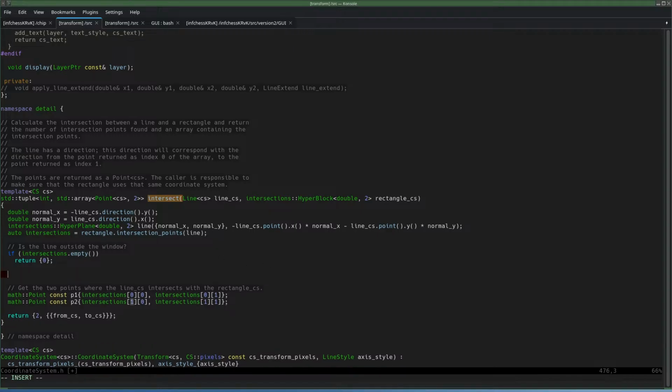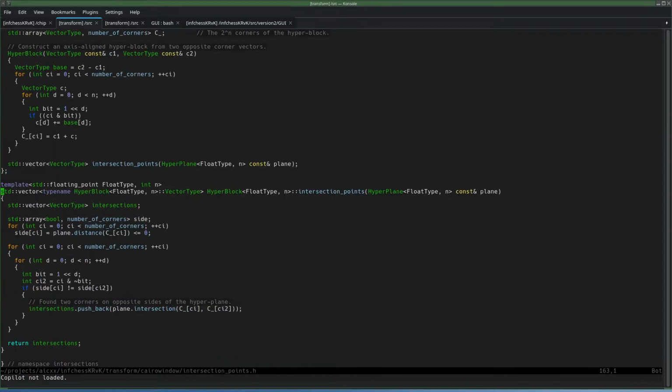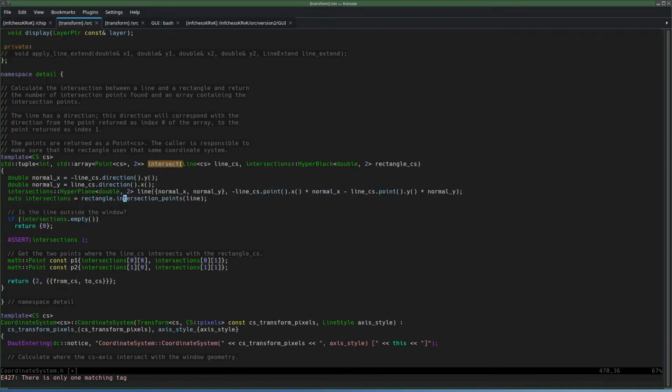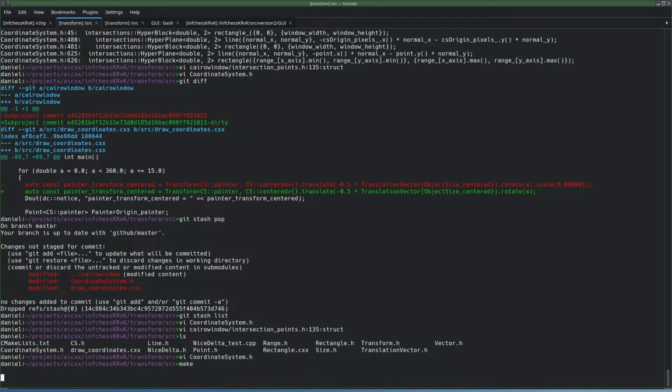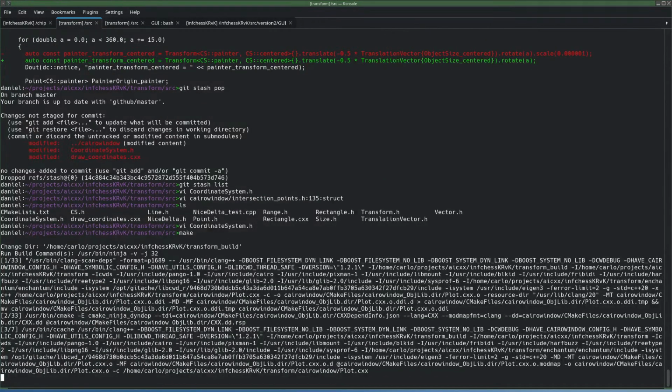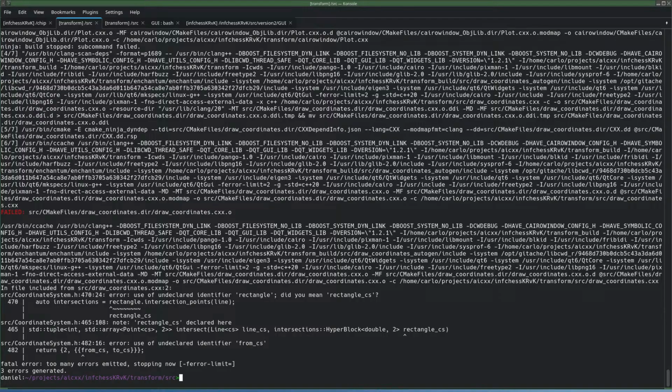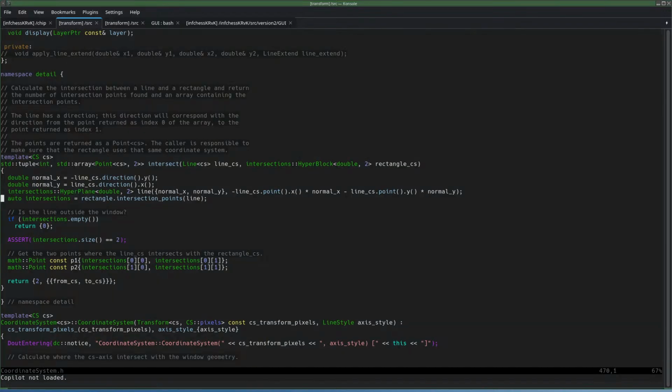But it definitely should assert. You can add an assert here that this intersections thing, and that is a vector, isn't it? Yep. It doesn't seem to make any sense to have a size other than 2, but I think it's going to be 4, so this assert should probably fire. Oh, I never tested this at all.